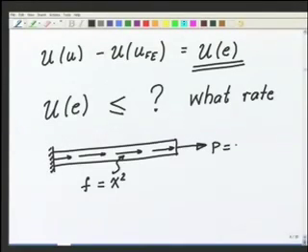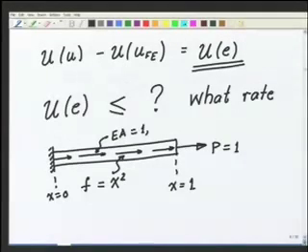Here I put P equal to 1 and I put the material EA equal to 1 and there is no distributed spring. Length is 1, this is x equal to 0, this is x equal to 1. So the length of the bar is 1. I've taken the loading as x squared.